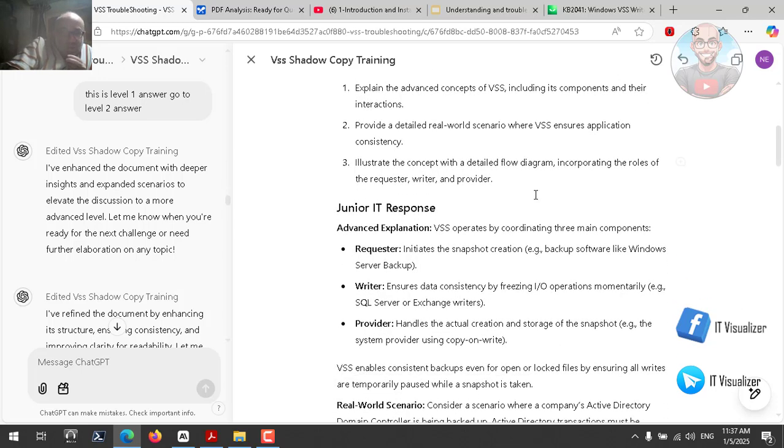Junior IT response. So I asked it to simulate the answer of the junior IT and simulate the answer of the senior IT. Here, which role am I taking? I am the junior IT. In a normal situation, you should provide the answer and it will evaluate the answer. But here I'm asking it to do both sides. It will simulate both answers for both sides.